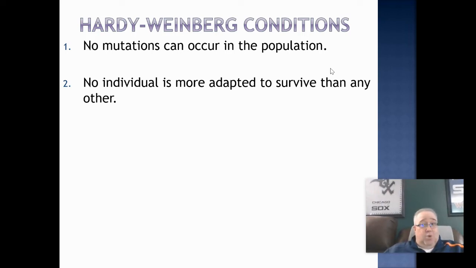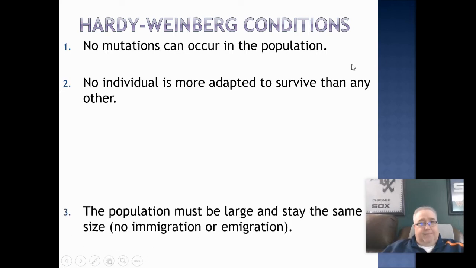Are there individual rabbits that are born that have a difficulty surviving? Well, according to these conditions, no individual can be more adapted than any other one in order to survive. That condition must be met. So ask yourself, is that condition likely to be met?